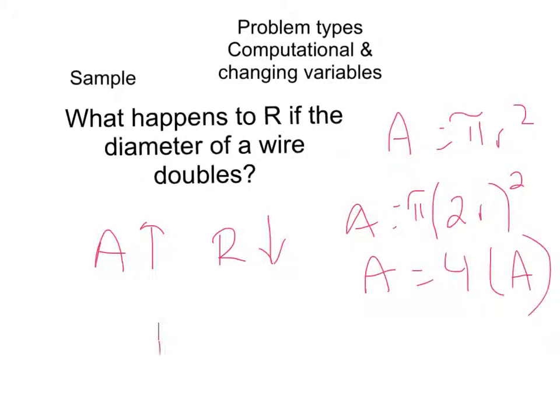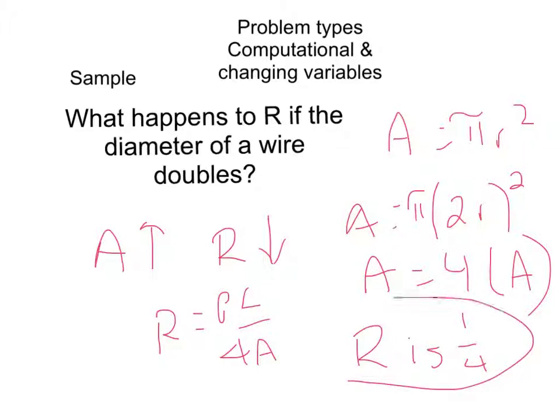So therefore resistance is equal to rho L over 4A. So therefore the resistance is 1/4 of what it was before. So that'd be a great sample type problem. We'll do some computational type problems in class. Hope this helped.